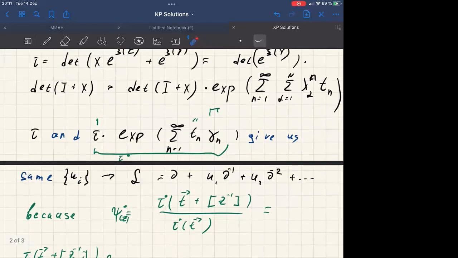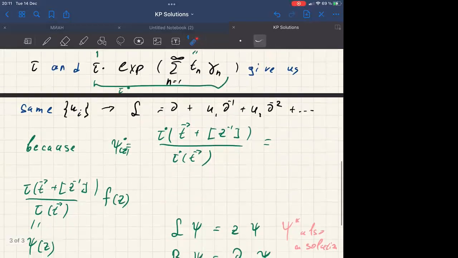So this is basically a solution of the hierarchy, but this one is different.